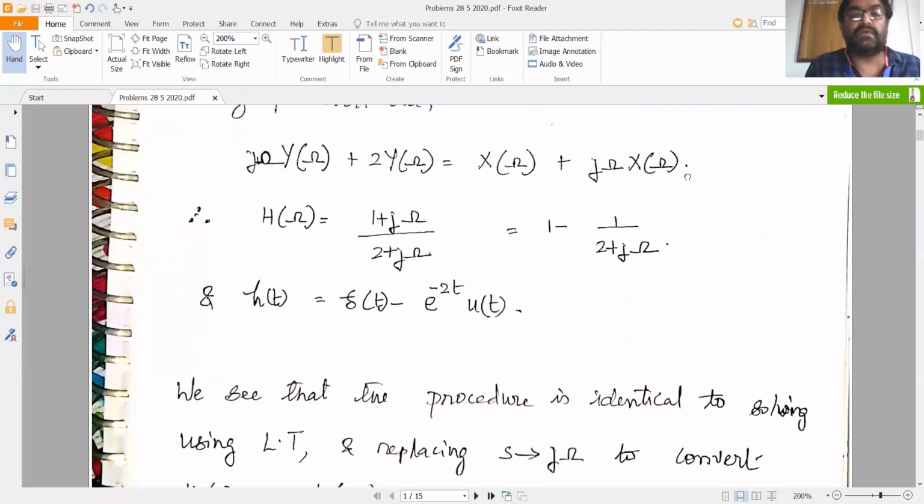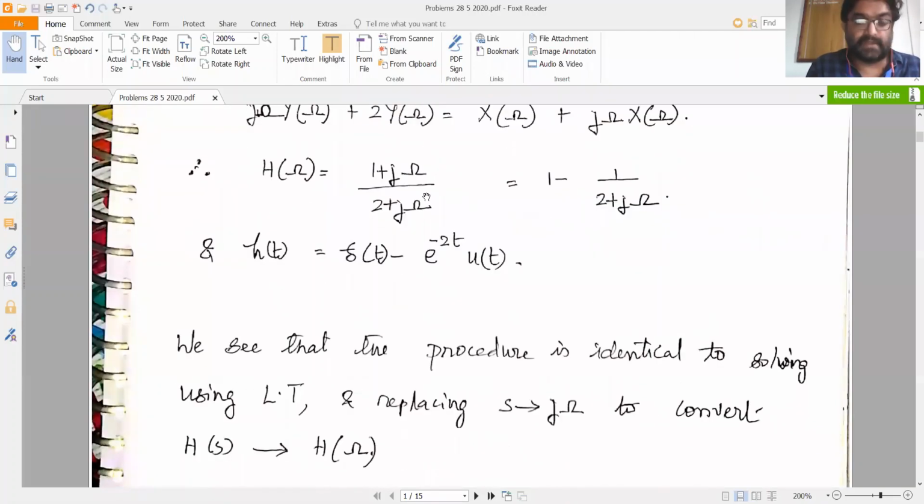If you group the terms containing y of omega and x of omega separately, then you can write y of omega by x of omega, which is equal to h of omega. Therefore h of omega is equal to 1 plus j omega by 2 plus j omega.